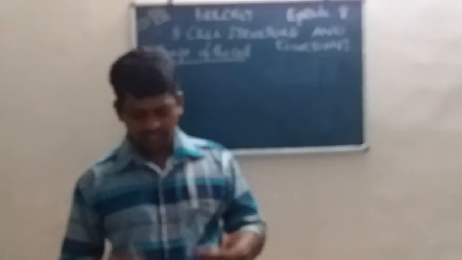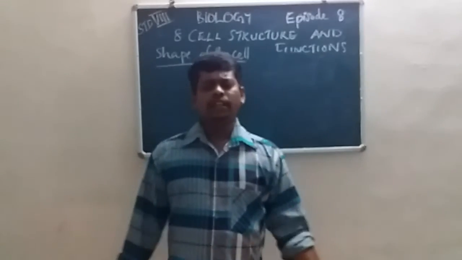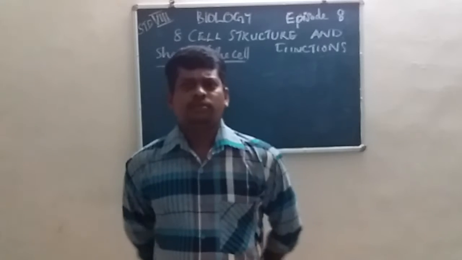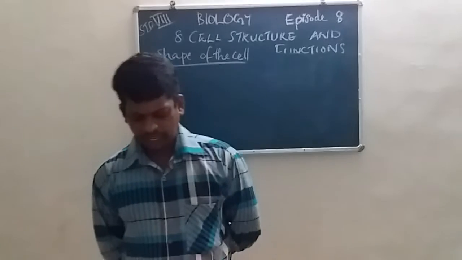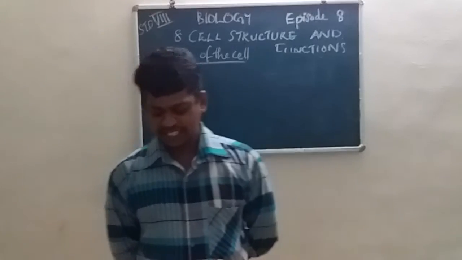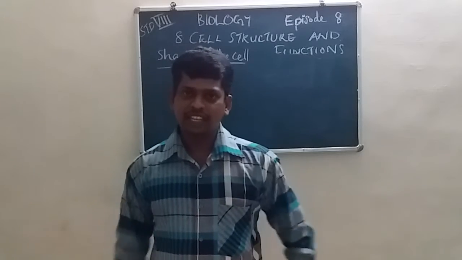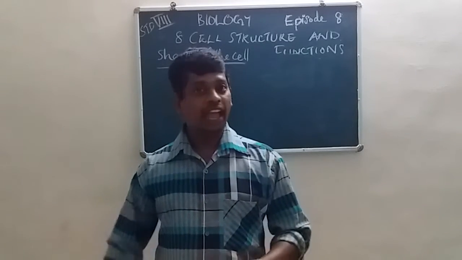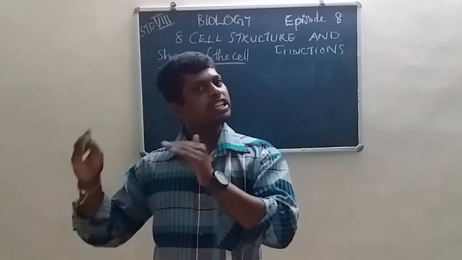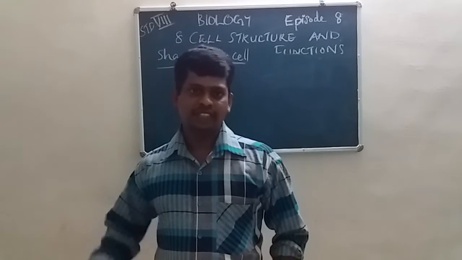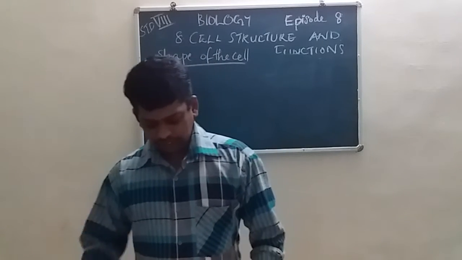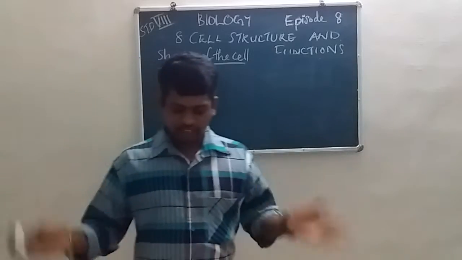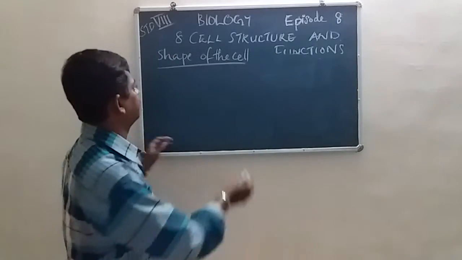We can see the shapes of these organisms. Then we all know about the different types of cells: plant cells, animal cells, blood cells, muscle cells, nerve cells. These are different types of cells, and they also have different shapes. Look at that.